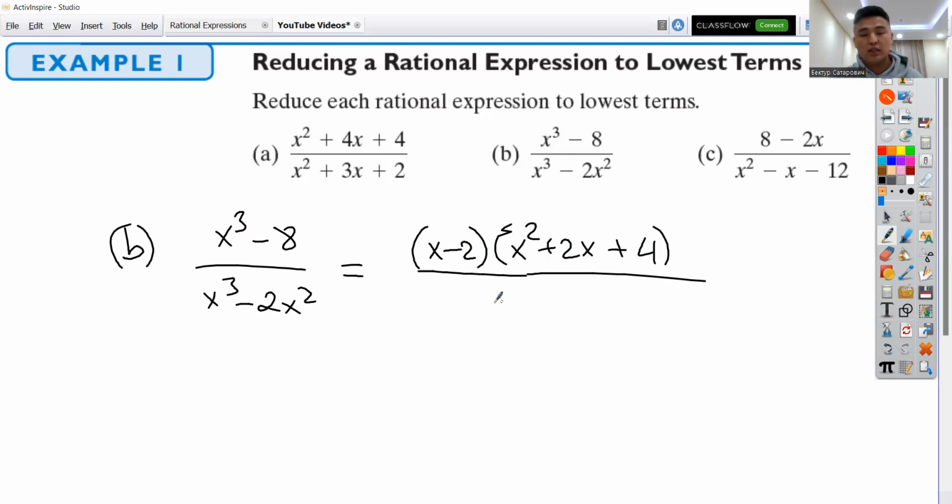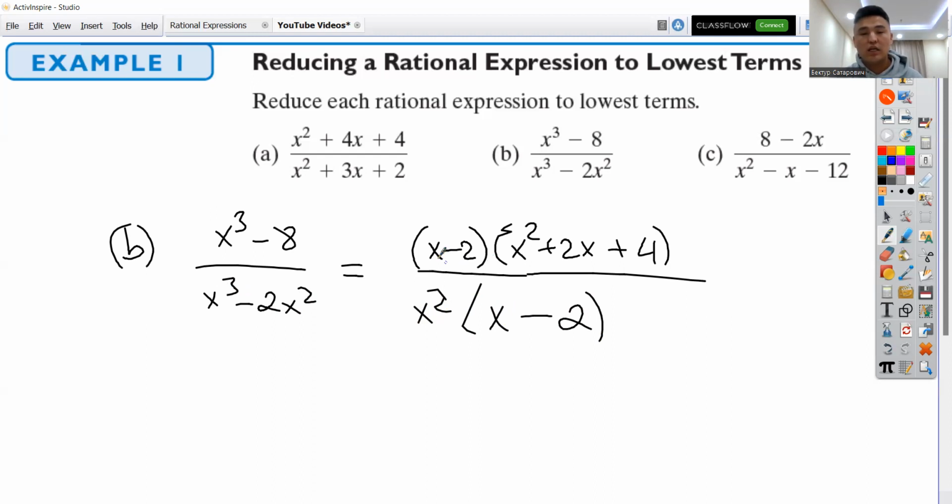Yeah, that's correct. And in the denominator, I don't think that we can use some formulas, but we can find the greatest common factor. The greatest common factor is x squared, in brackets. x squared multiplied by something will give me x cubed, it's only x. Negative x squared multiplied by something will give me negative 2x squared, which is only 2.